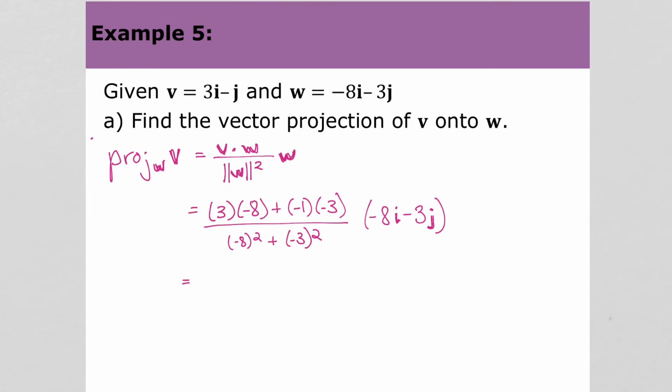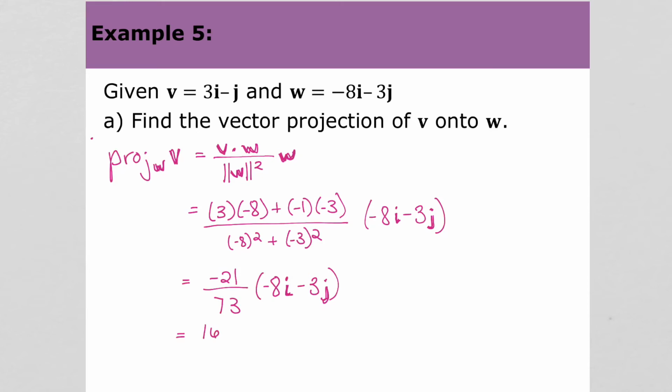Okay? When we do the dot product, we get negative 21, and the magnitude squared is 73. We'll multiply that by negative 8I minus 3J, and that gets us a bunch of funky fractions.